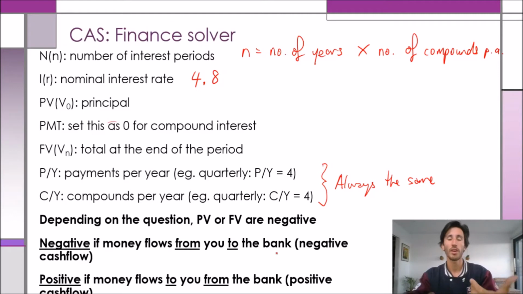So that's how you determine whether the sign that you put into your CAS calculator for example, principal, payment, future value, that determines what sign that value will be. We'll do some examples.